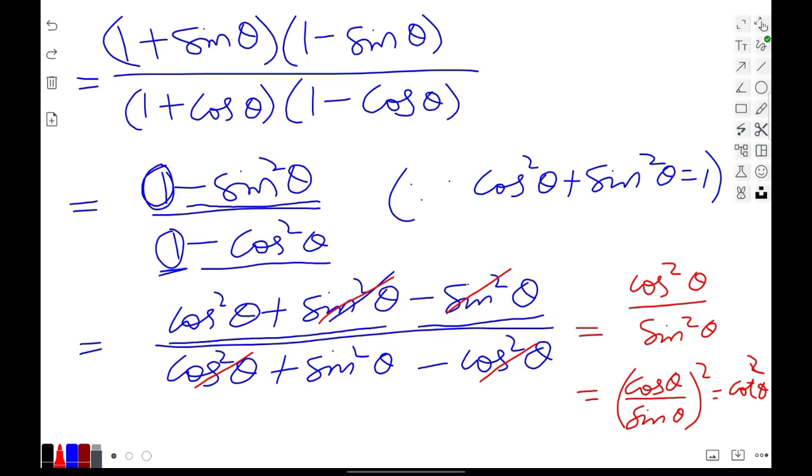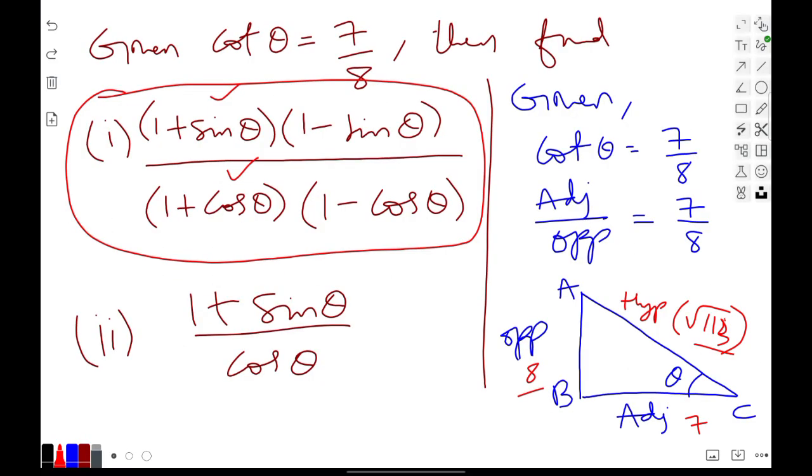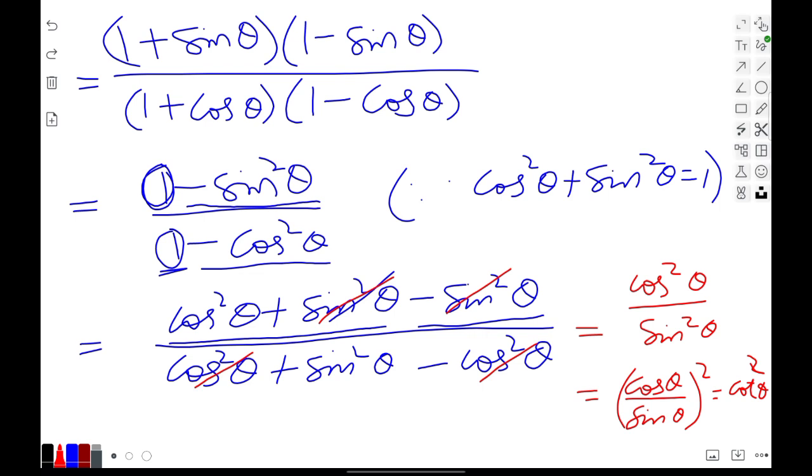In the question they have given cot theta is equal to 7 by 8. So you can simply write it as 7 by 8 whole square, which is 49 by 64. This is what we got earlier.